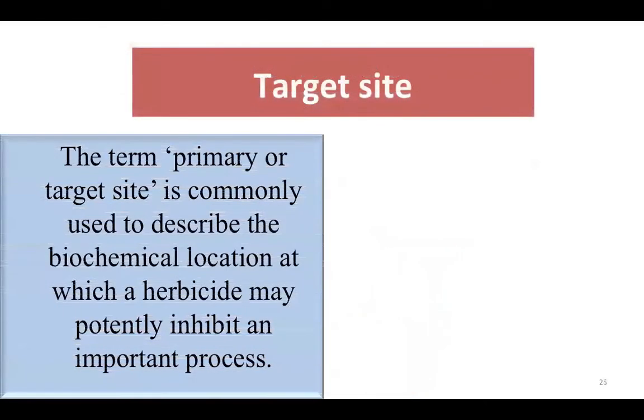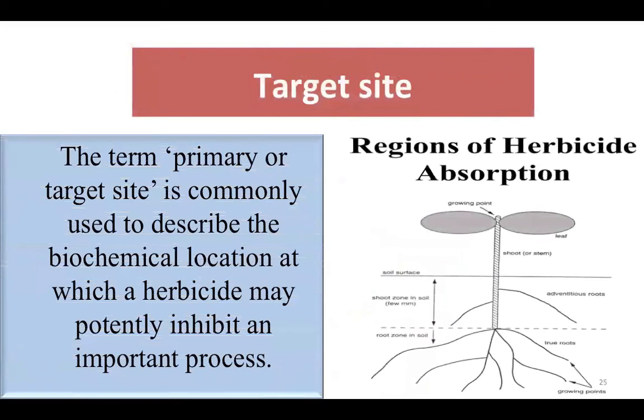Target site. The term primary target site is commonly used to describe a biochemical location at which a herbicide may potentially inhibit an important process.